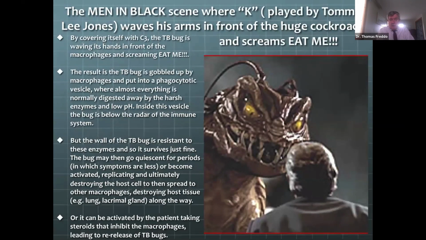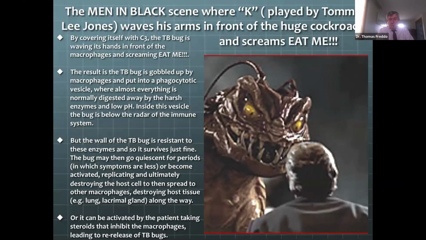So in a more lighthearted example, just to give you an idea of what this bug is up to, if we go back to that scene in the movie that you see depicted here, in which Tommy Lee Jones, in the first Men in Black movie, is trying to get his gun back because this cockroach has swallowed it up, he actually stands in front of the cockroach and dares the cockroach to eat him.